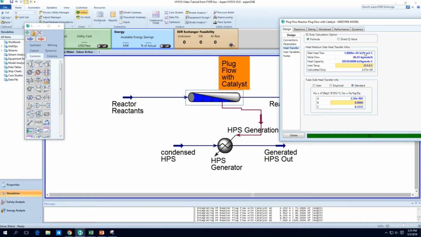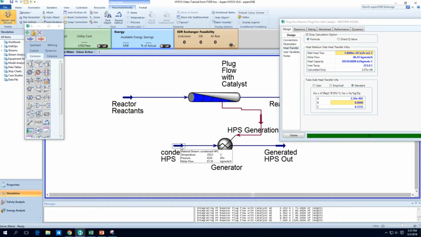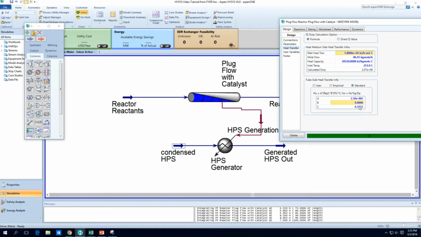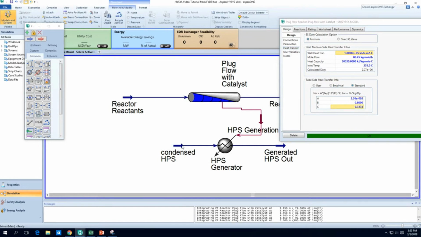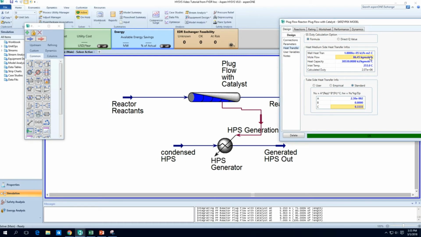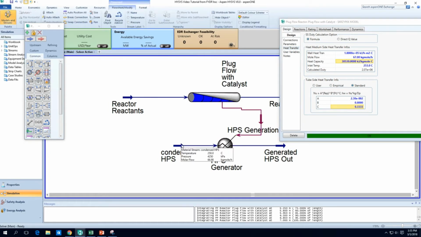So again, based on these heat transfer coefficients, we have to check how much. As you can see, once we key in our Nusselt number correlations, our HPS actually drops down to about 67.16 kgmol. So we've got to iterate until these two numbers closely match.